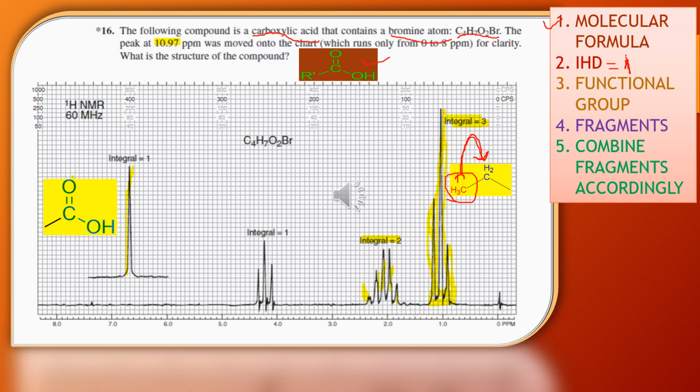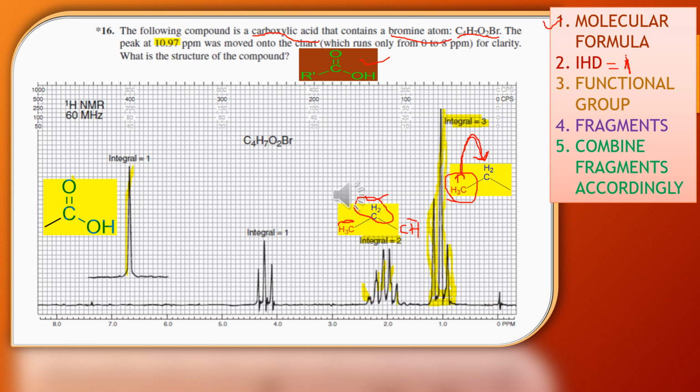But the most probable structure is this fragment, because this is the CH2 which is attached to CH3 as well as CH. So three hydrogens are here and one hydrogen is here. The neighboring atoms contain four hydrogens, due to which this CH2 is splitting into a quintet.